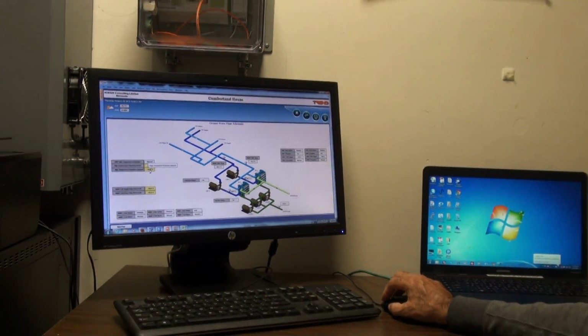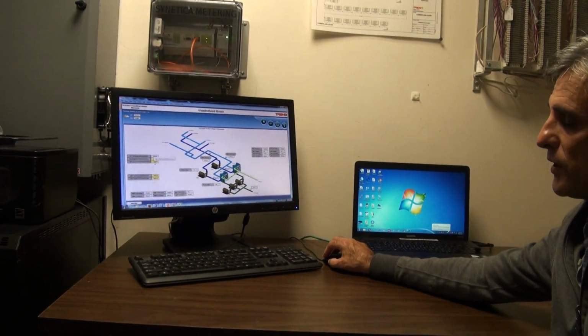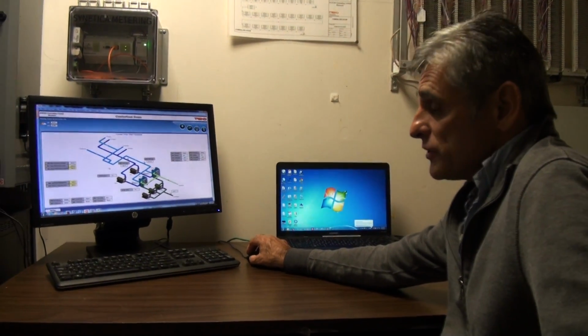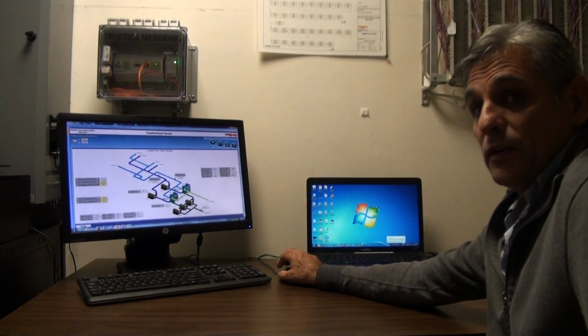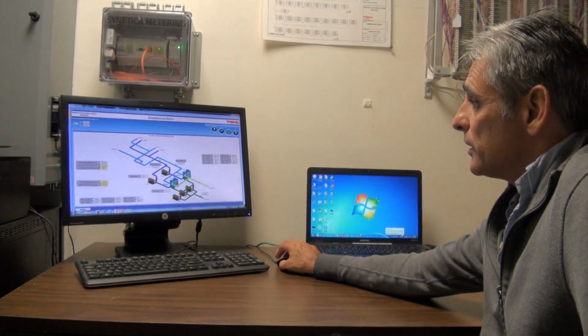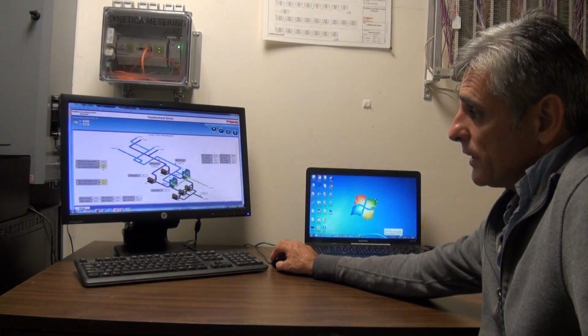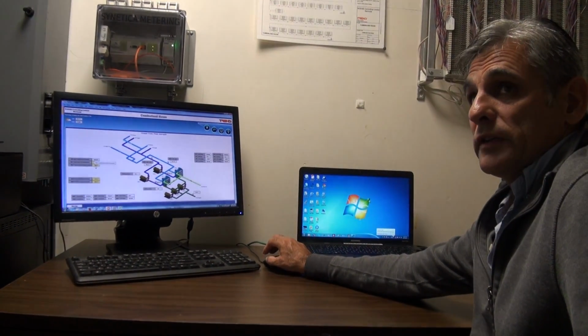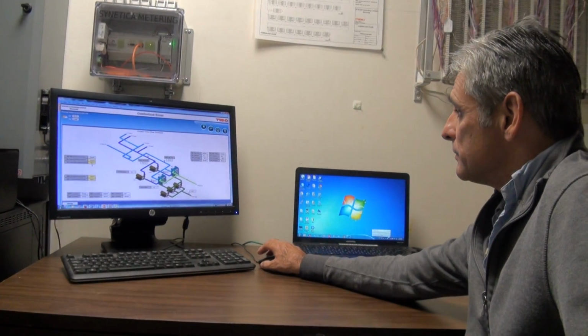If the temperatures start going above 110 degrees Fahrenheit, these pipes could actually melt or deteriorate. So we've put an alarm point and a high temperature shutdown into the programming of this system.